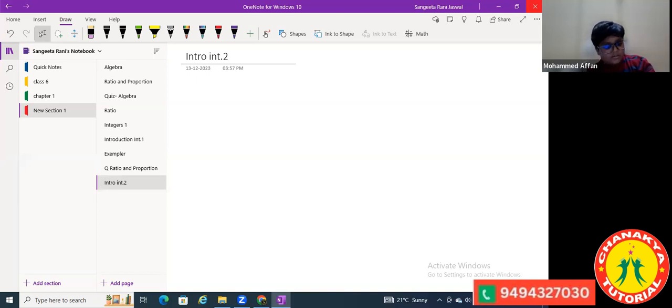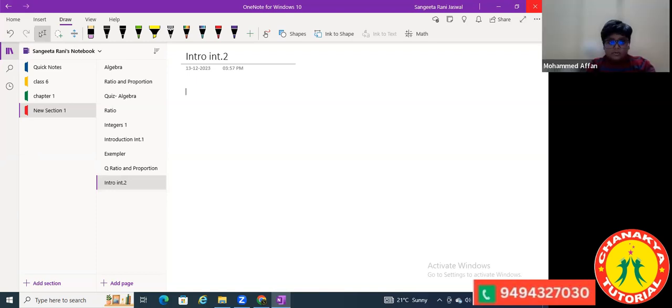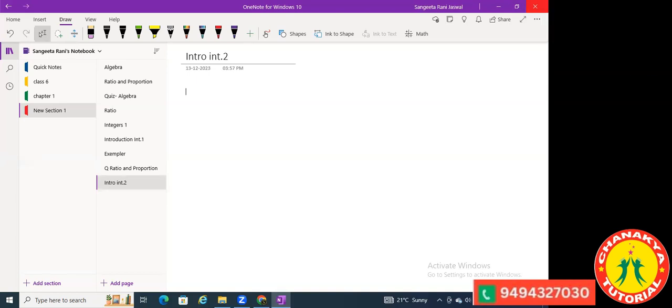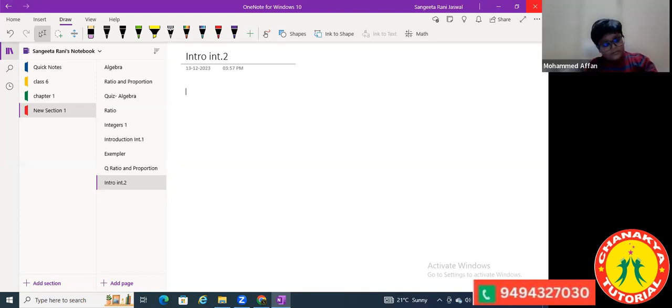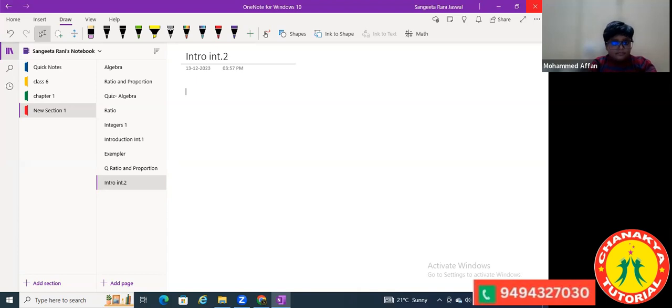Whole numbers, integers. Tell me what are whole numbers? Whole numbers are like 1, 2, 3, not 2.3, not 2.5, or 2 by 5. They start from which number? Which is the lowest number in the whole number series? 0. Which is the smallest number? Oh, sorry, 1, ma'am.